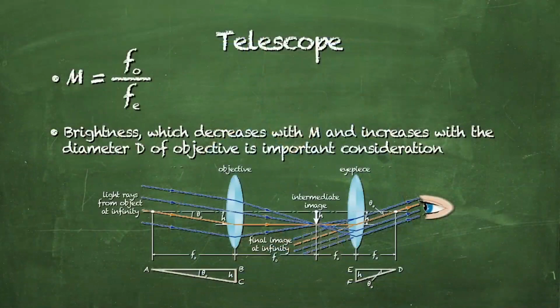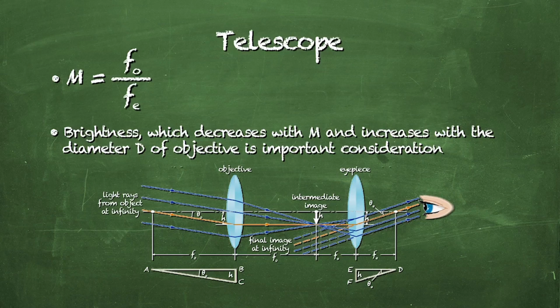You can also make a telescope with two lenses. As you can see in this diagram, a telescope functions on the same principles as a microscope, except that in this case the object is very, very far away from the objective lens.